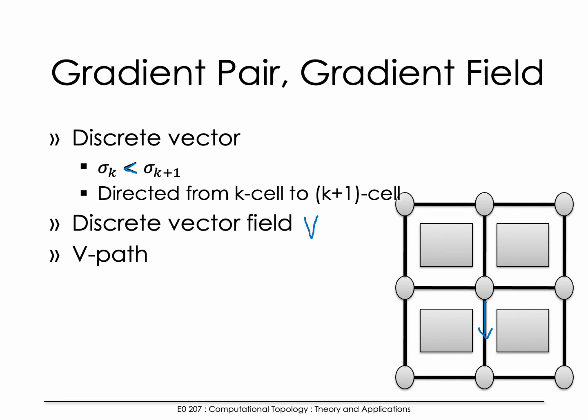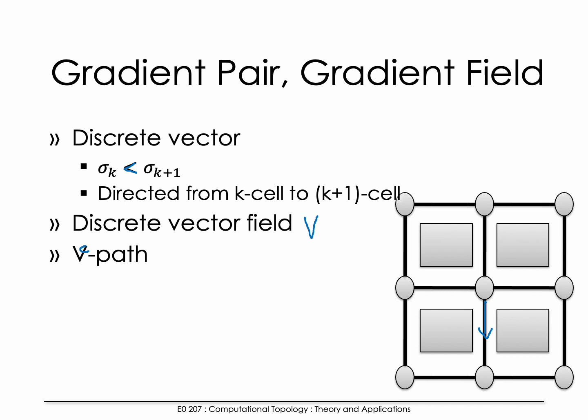A V path in the discrete vector field, we could use this smaller case v. A V path in a discrete vector field is a collection of vectors that is equivalent to the integral line in the smooth case.